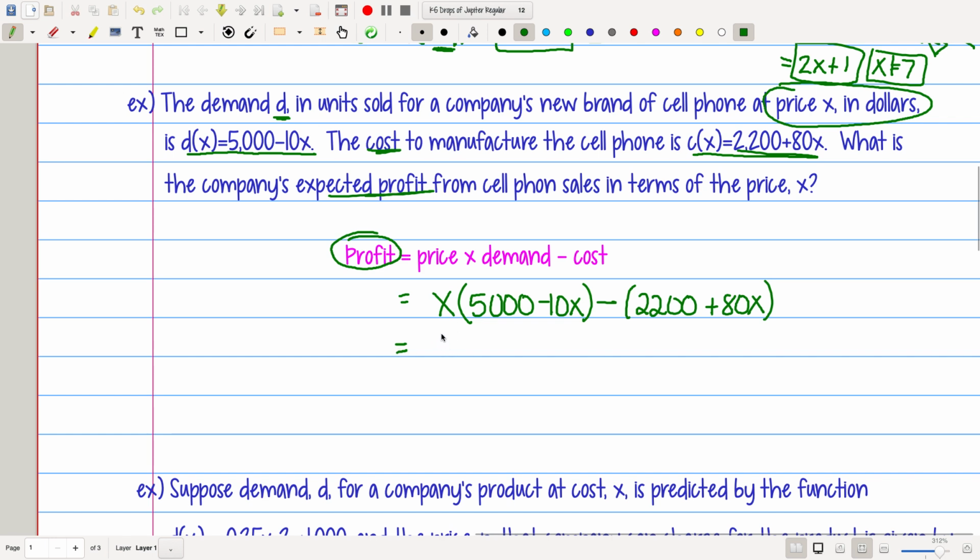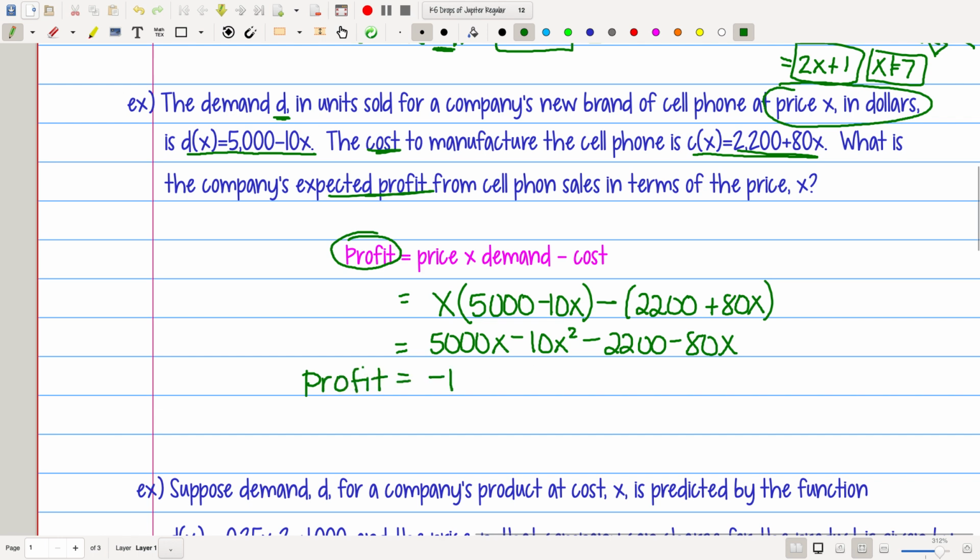Okay, so I'm going to start by distributing my x. So I'm going to have 5,000x minus 10x squared. That's just from distributing the x. Now here I'm going to pass out this minus, so minus 2,200 minus 80x. And then my last step, I'm just going to combine like terms.